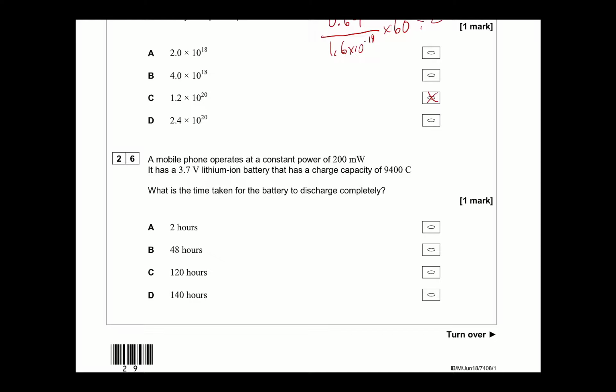A mobile phone operates at a constant power of 200 milliwatts, 3.7 volt lithium ion, and a charge capacity of 940 C. What is the time taken for the battery to completely discharge? Okay.